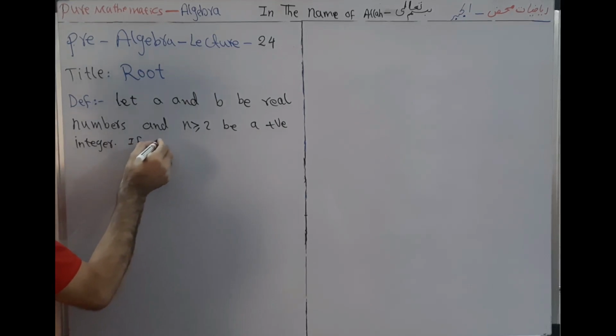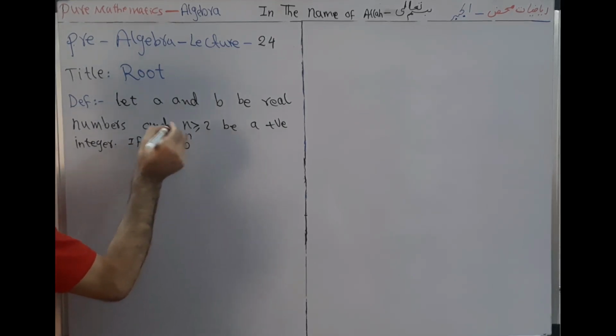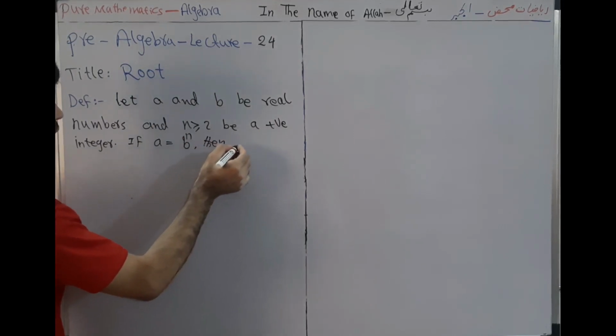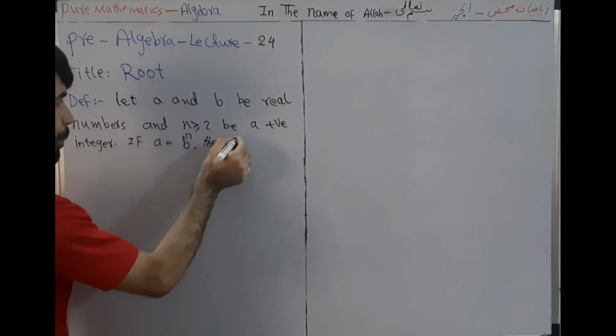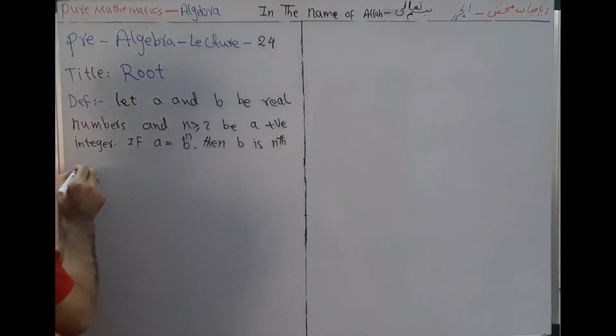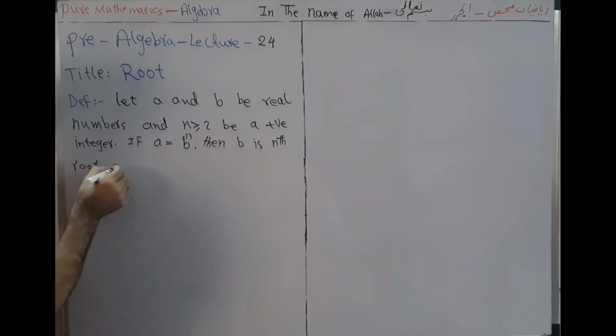If a is equal to b to the power n, then b is the nth root of a.